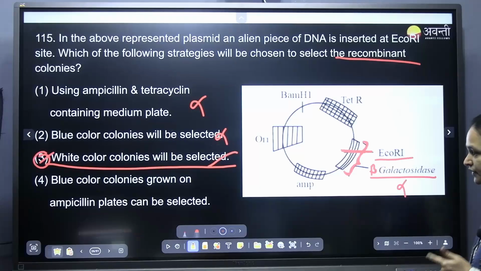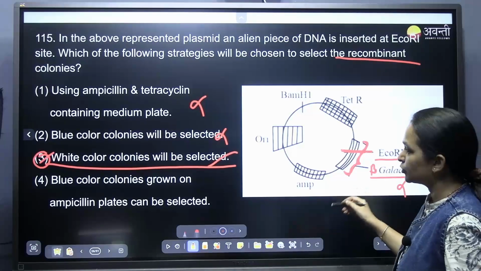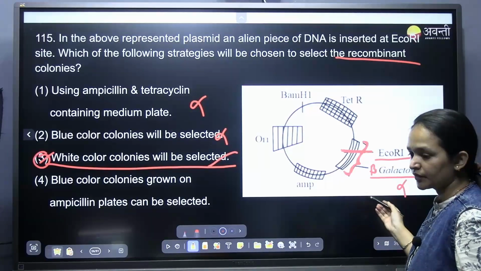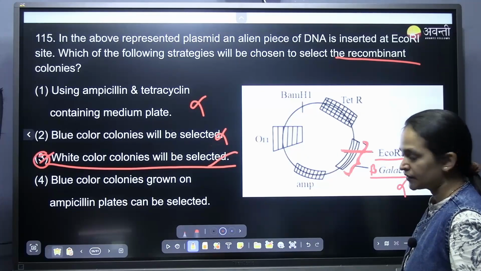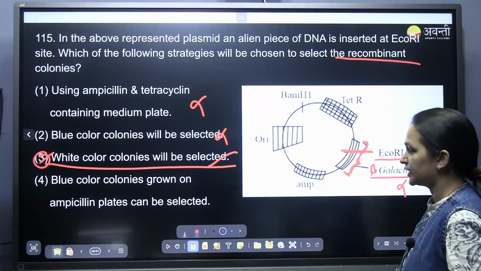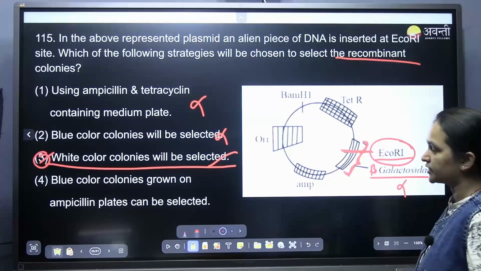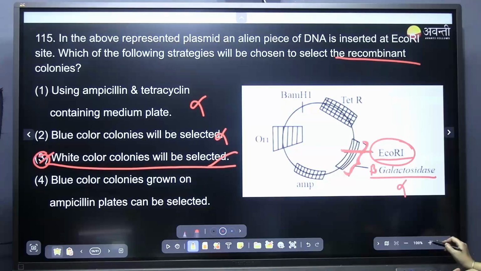Understanding? If it loses the beta galactosidase enzyme, the chromogenic substrate will not be transformed. So the white colonies will be selected, which means we have inserted the gene at this particular site. So it is option 3 as the correct answer.